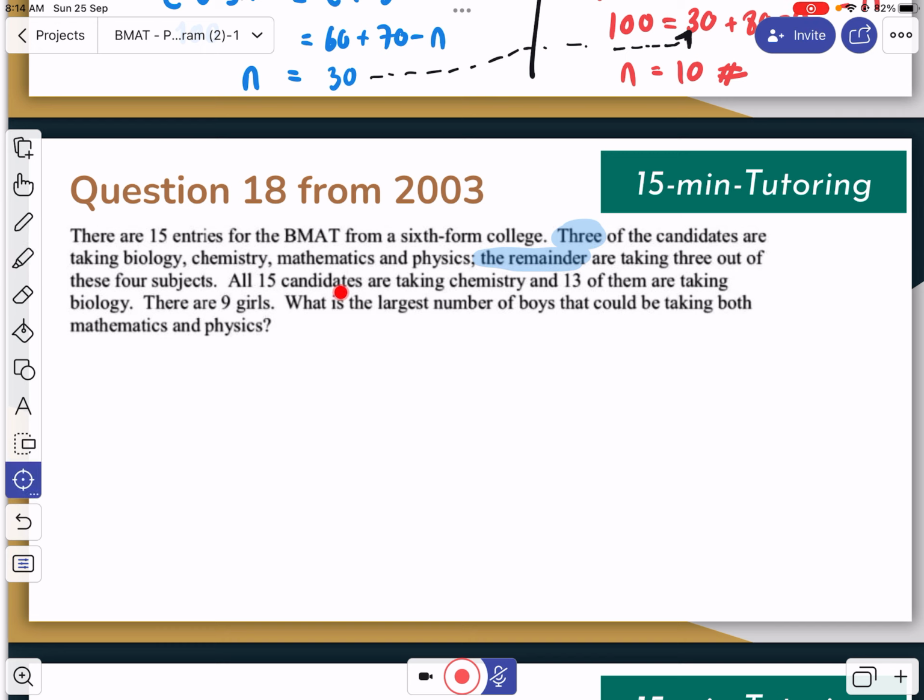All 15 candidates are taking chem, and 13 of them are taking bio. There are 9 girls, and the question asks, what is the largest number of boys that could be taking both math and physics? Well, there's a lot going on here.